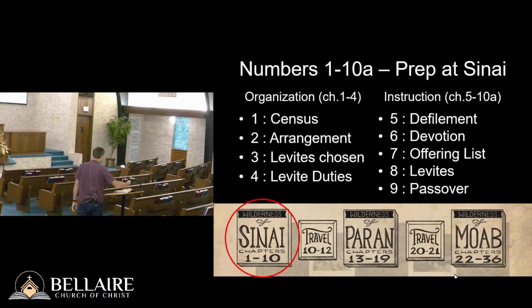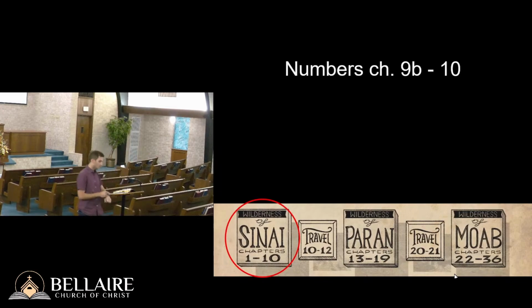Laws about devotion, the Nazirite vow in chapter 6. There is this list of offerings that the people bring to the tabernacle to kind of kickstart the sacrifices and the work of the priests and the Levites there at the sanctuary. There's instructions for the Levites and their service, and instructions for observing the Passover now that they are over 1 year removed from the exodus of Egypt. All of this is preparation for life in the wilderness.